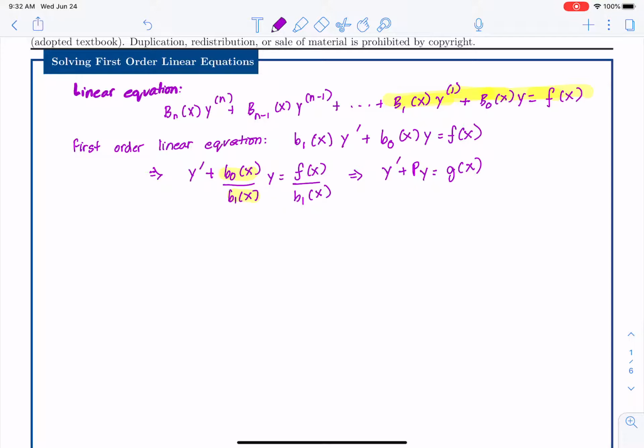So the DE now reduces to the simple form y prime plus p y equals g of x. I'm going to multiply both sides by mu, and that is called the integrating factor.